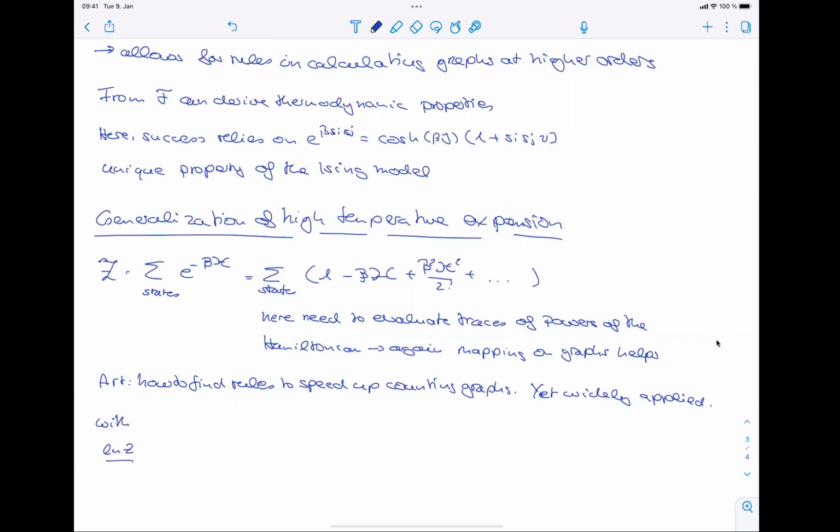So the free energy per spin would be ln Z over N times beta. But the way I can enumerate this now is to look at these individual terms and evaluate these Hamiltonians looking at the case of no interactions.